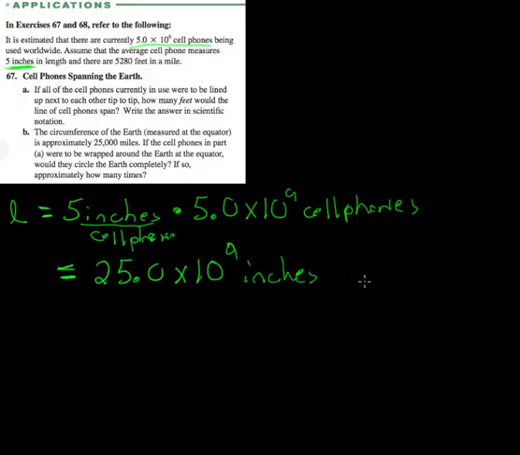So that's the total amount of distance that all the cell phones will cover. Well, this is the same in proper scientific notation as 2.5 times 10 to the 10th inches.